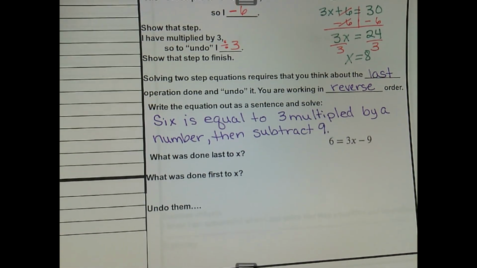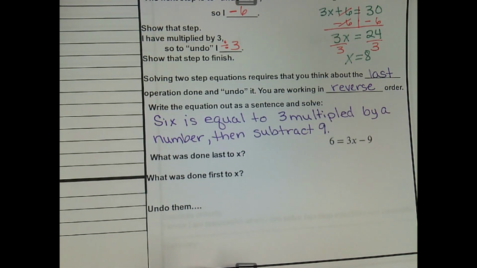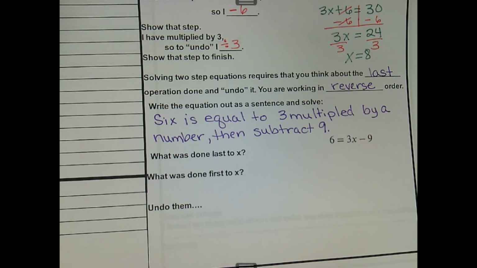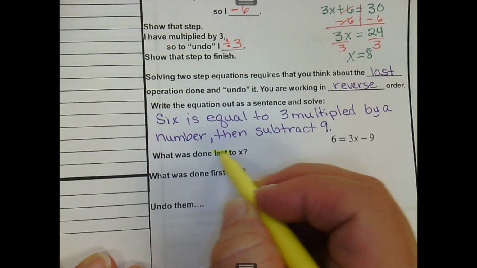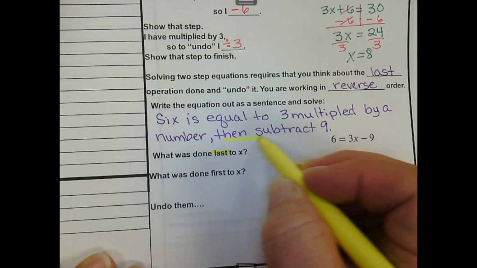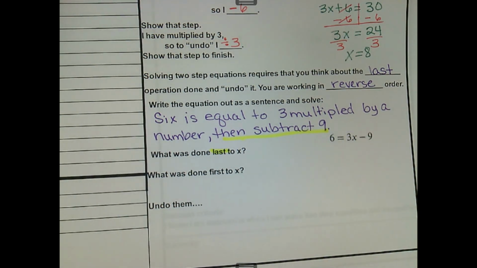So 6 is equal to 3 multiplied by a number, that's x, then subtract 9. What was the last thing done to x? Then subtract 9.